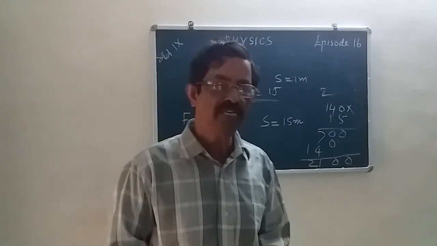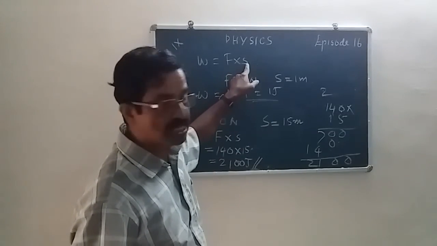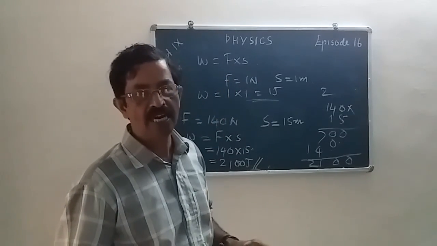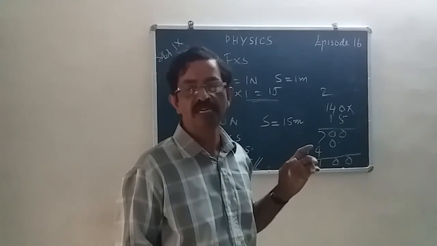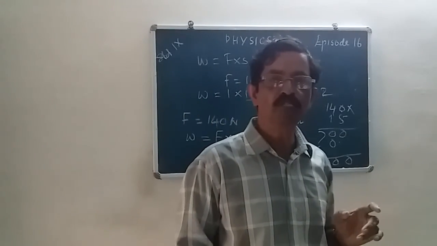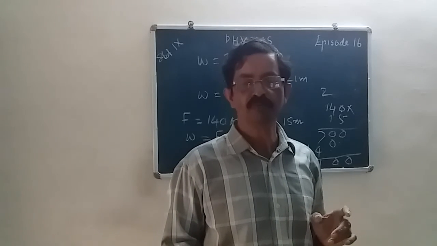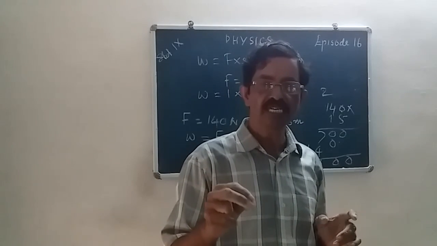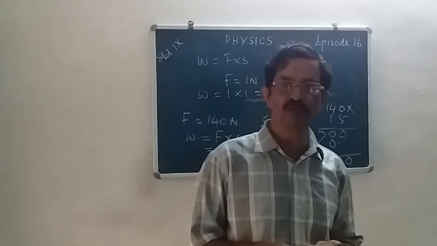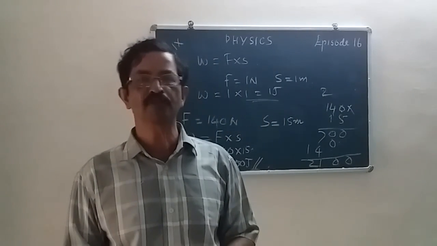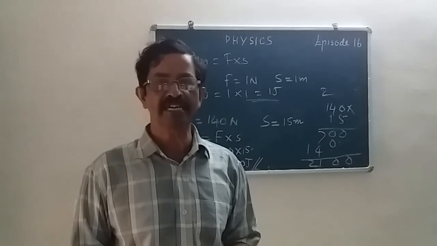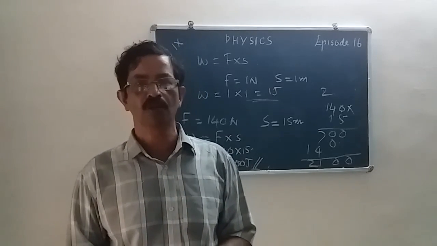Unit of force and unit of displacement, Newton meter, otherwise it is called joule. Then you want to remember what is actually 1 joule of work. If we apply a force of 1 Newton to a body and it makes a displacement of 1 meter, then the work done is 1 joule.